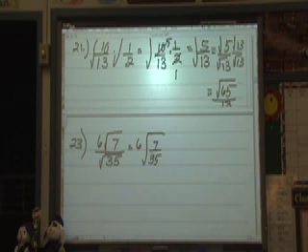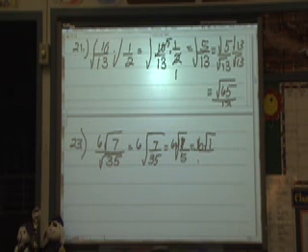Yeah, I would put them together and simplify because the 7's going to go into 35, and at least we'll get one perfect square on top. So that'd be 6 times the square root of 1, and then square root of 5.